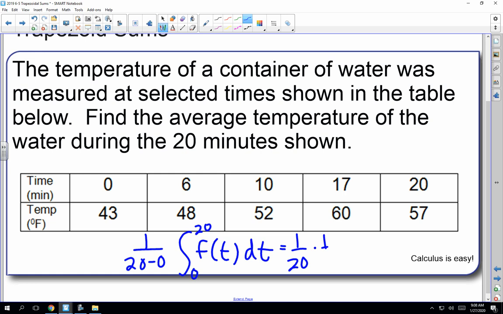times, we'll just put the 1/2 out there. That's part of the trapezoid formula, and then we've got a bunch of different heights there. 43 plus 48 times 6. Plus 48 plus 52 times 4.